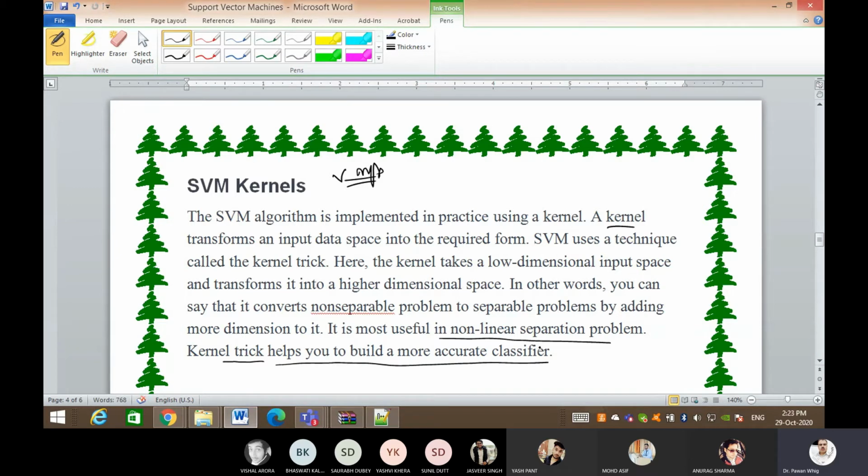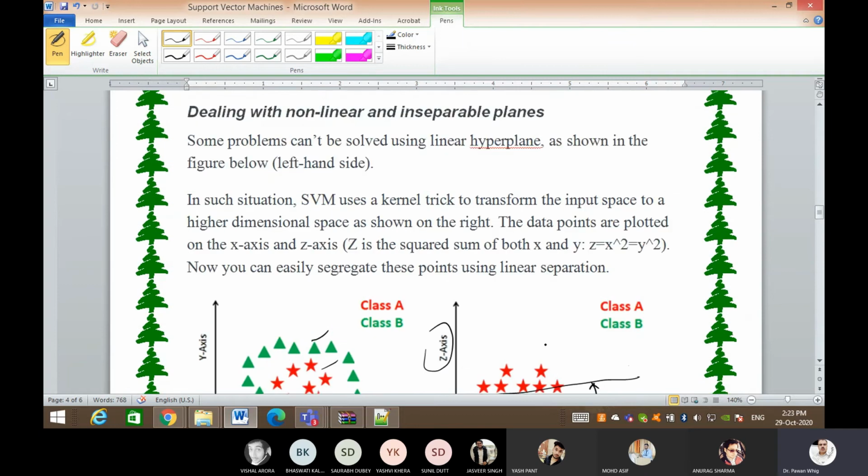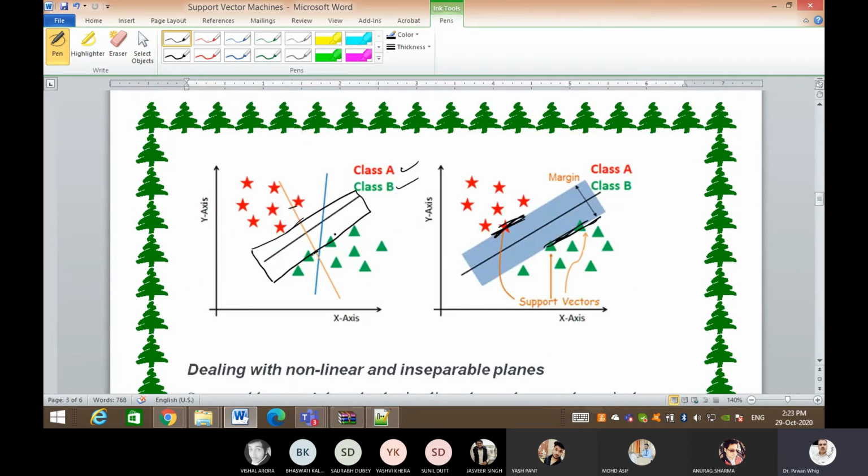I think you now have an understanding of what SVM is and how it works. It basically segregates the data set into two parts by creating a support vector. Support vectors are nothing but the data points which are on the margin side.